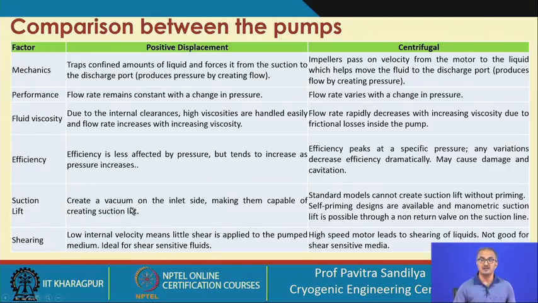As we saw earlier, suction lift may cause the priming problem. In the positive displacement pump, there is no problem with the suction lift, whereas in centrifugal pumps we need priming, and if we do not have enough suction head, the pump may be filled with air, and if it is filled with air, then we cannot draw the liquid inside and the pump will not work.